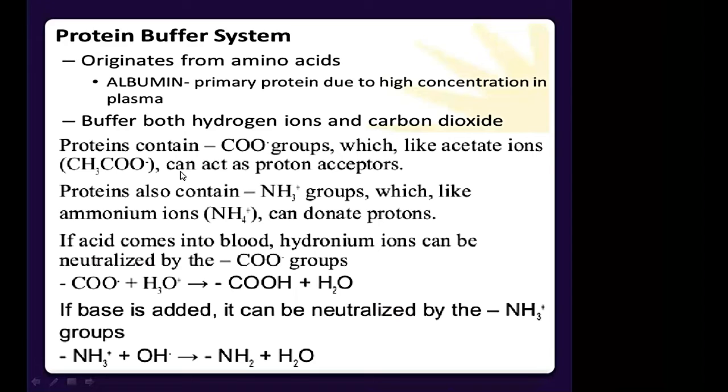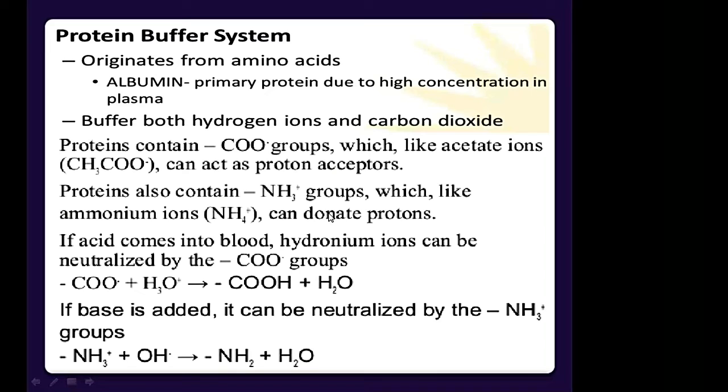These proteins contain COOH groups in the amino acids, as you have seen in the previous structure. The COO minus groups are like acetate ions, CH3COO minus, and can act as proton acceptors. Proteins also contain another group, the amine group, NH3 plus, which is like the ammonium ion, NH4 plus.